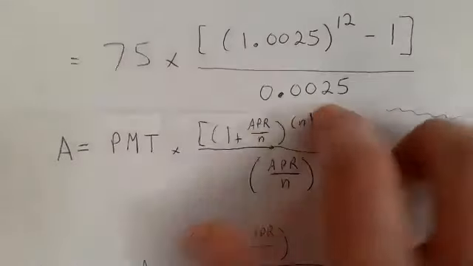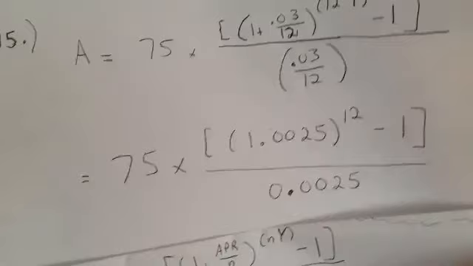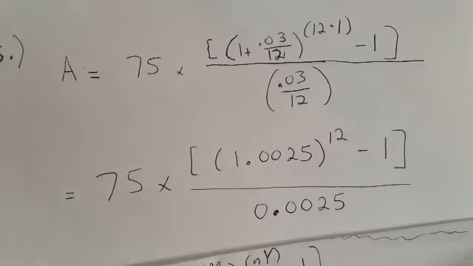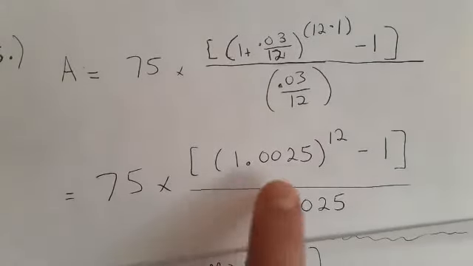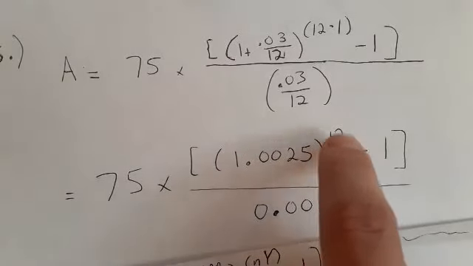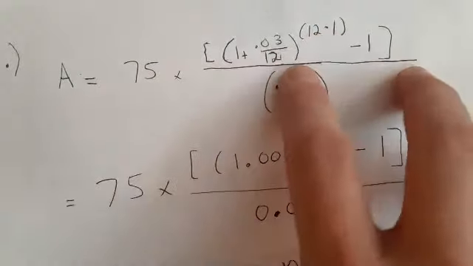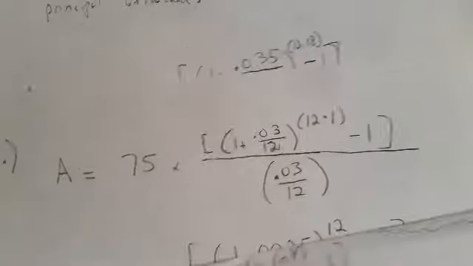And then Brittany, if we do 1.0025 to the 12th, it's to the 12th power, or to 1 year? It's to 12 months, and 12 months is 1 year. So we did N times Y as a formula.